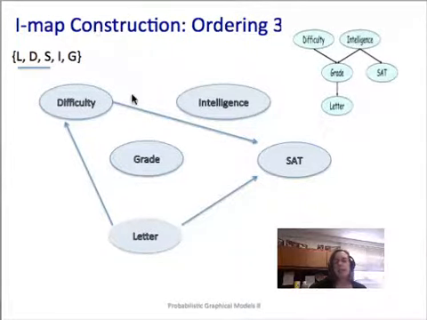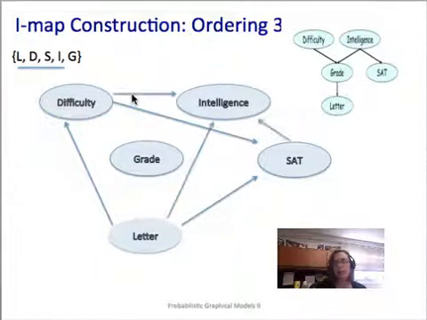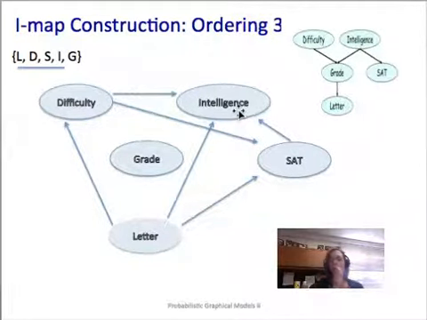Let's add intelligence now, and intelligence, the same idea. We need this edge from difficulty and letter and SAT. Those are the only variables in the model, and it's related to all of them. And finally, grade.